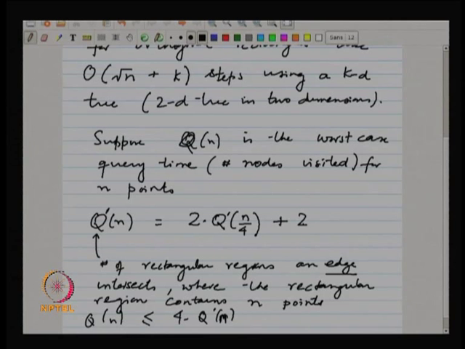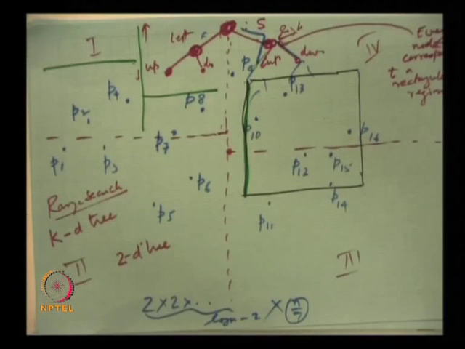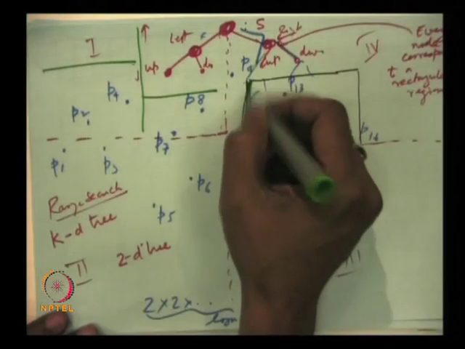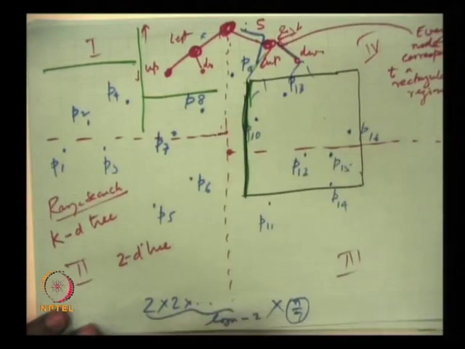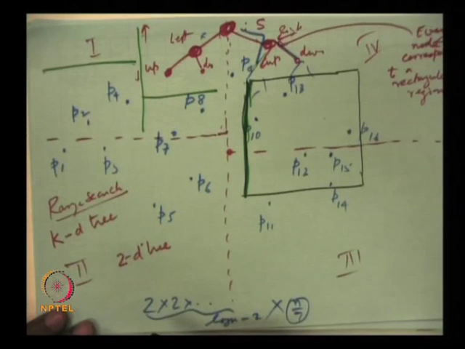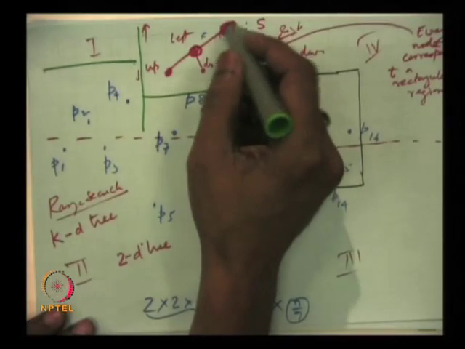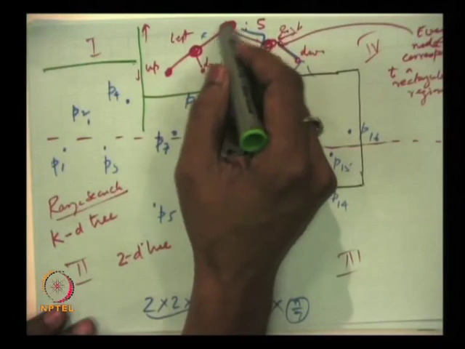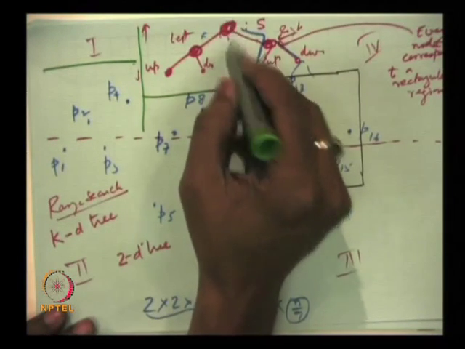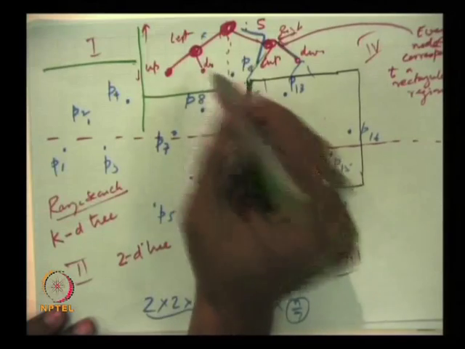Can we justify this? Let me put down the figure again. So, let us say we are talking about this particular edge. Now, this recurrence depends on how this tree is defined, whether the first node bisects the x coordinates or bisects the y coordinates.